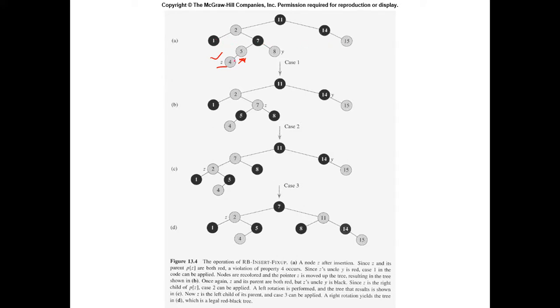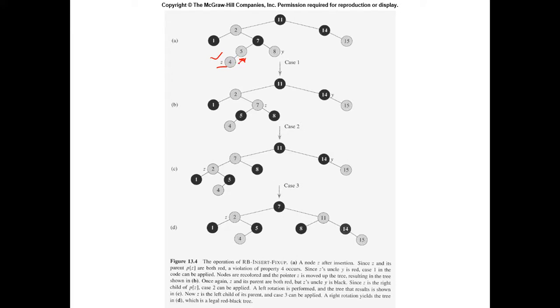So it was all satisfying. But when you insert z now, what is happening? You got red, right? Z is red and its parent is red. When you find this, this is a violation, right? A red parent of a red node is a violation.